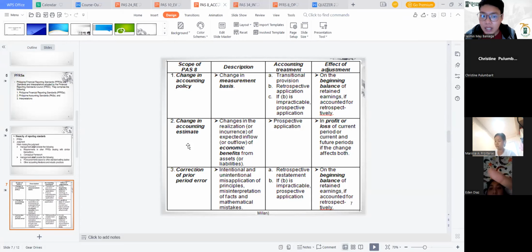And as you can see, the effect of adjustment in change in accounting estimate is the profit or loss already of the current period and possible future periods if the change affects both. So, tatandaan nyo, prospective application, the answer is from the chat box, forward. The present and the next succeeding periods will be the change or impact, will be reflected.